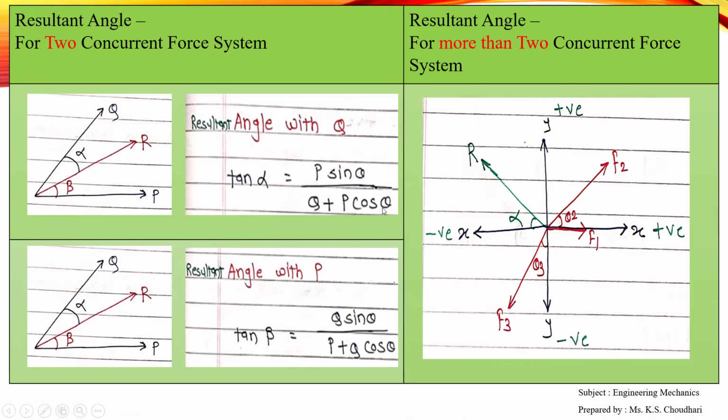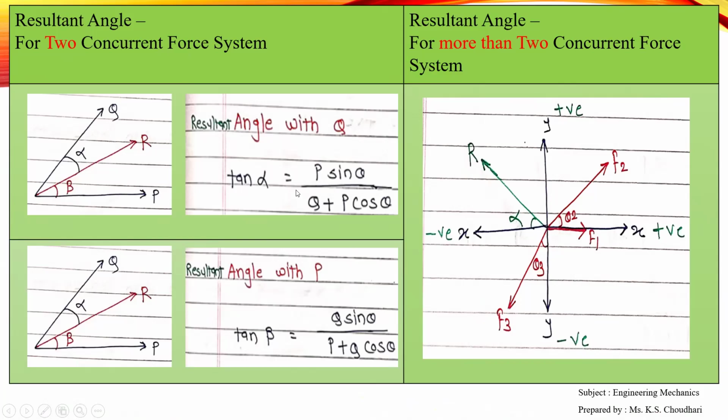Now understand how this formula becomes. First of all, this is the resultant and we have to find out its angle with respect to Q. So here the angle is alpha. So we put alpha here. Tan is the formula, so it becomes tan alpha.